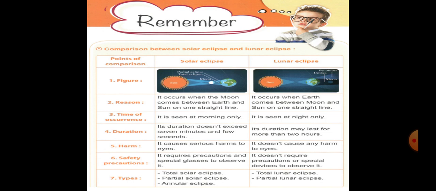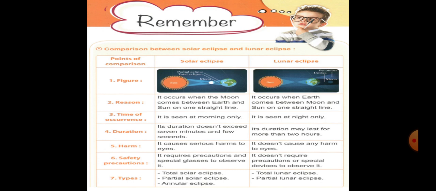Okay, let's make a comparison between the solar eclipse and the lunar eclipse. Number one, the solar eclipse: when the moon is in the middle between Earth and Sun, with Earth, moon and Sun on one straight line. What about lunar eclipse?